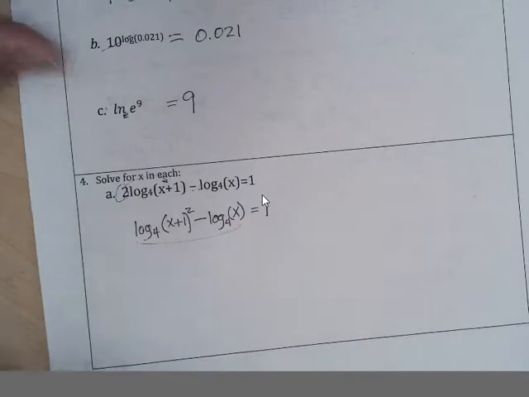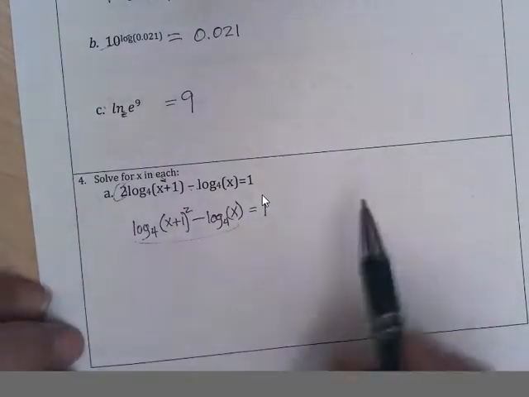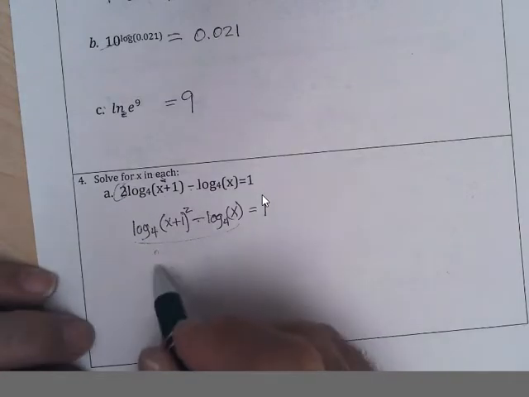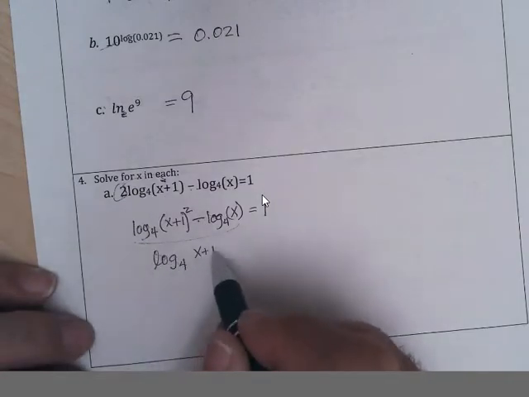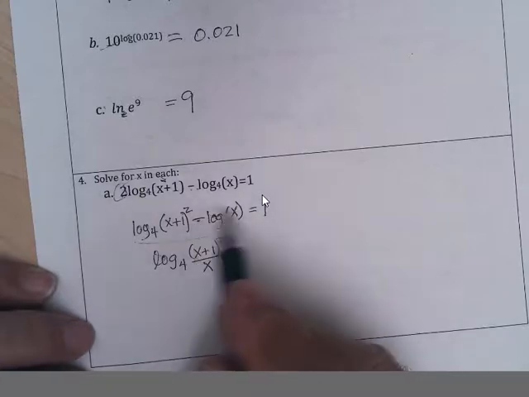If we get this to a single log, we can use the power, change the power to log, log to power rule. So now we're subtracting, so we're going to get log base 4 of x plus 1 squared divided by x. When you subtract, you divide.